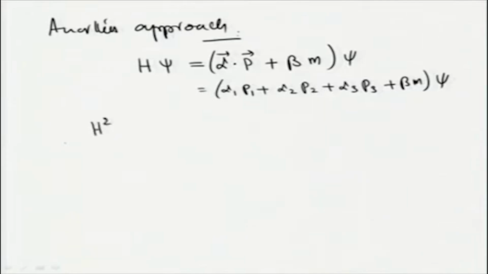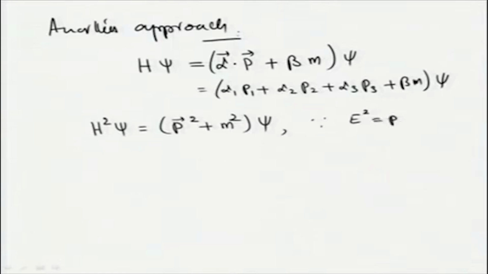Now, what are these alphas and betas? For that we will again rely on the energy momentum relation. We know that H square psi should be p square plus m square psi, since the energy operator, the Hamiltonian operator, squared, when it acts on psi, will give you the square of the energy as the value if psi is the eigenstate of energy, and usually we take psi as the eigenstate of energy, which is a physical state.